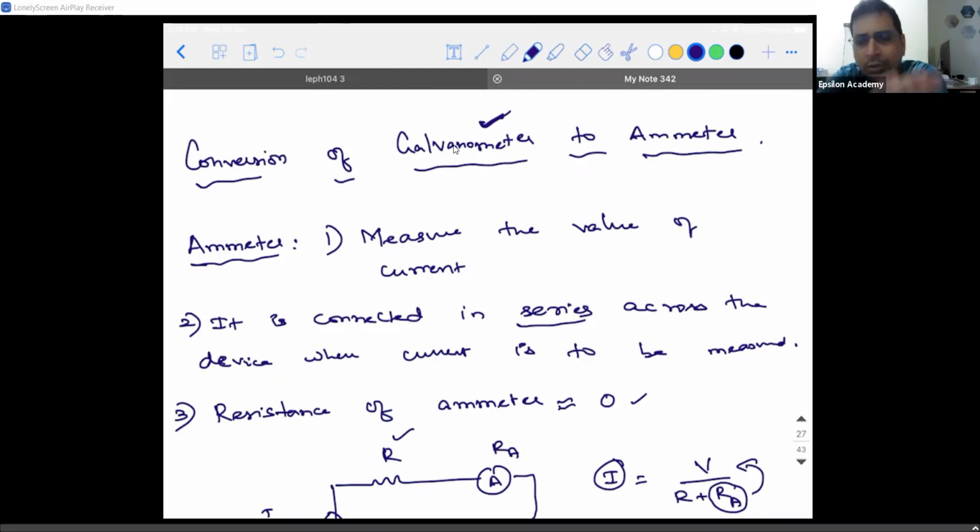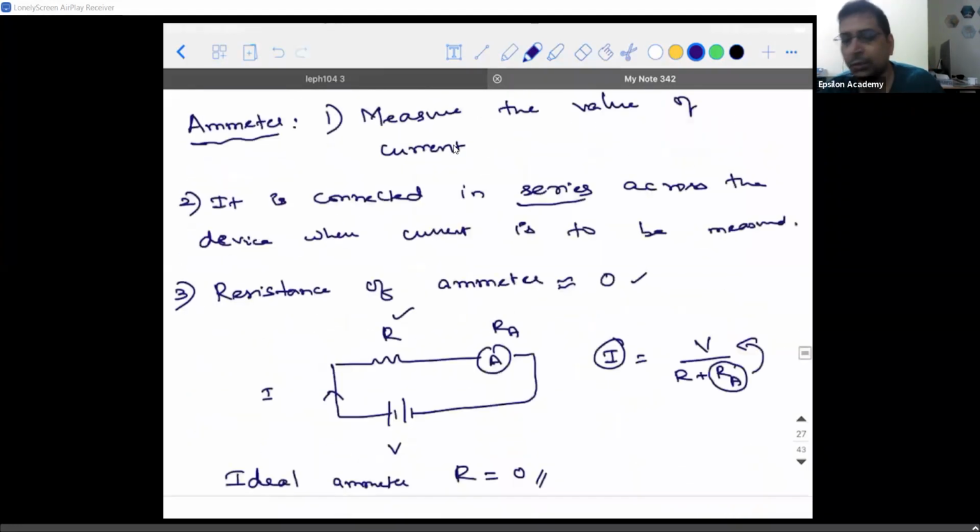So you know the basic electrical and magnetic components of a device named galvanometer. Now, you need to do some alterations in those arrangements so that the galvanometer becomes an ammeter, a measuring device. So what are we supposed to do? That is what we are going to see now.